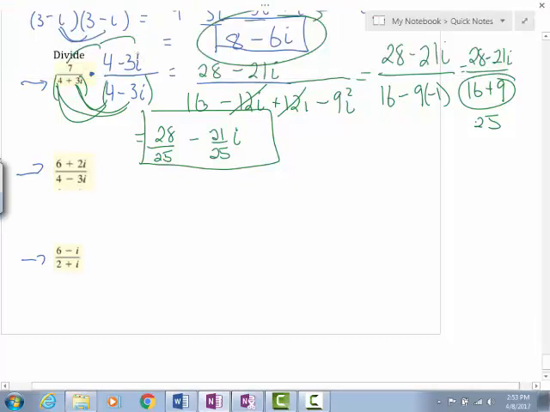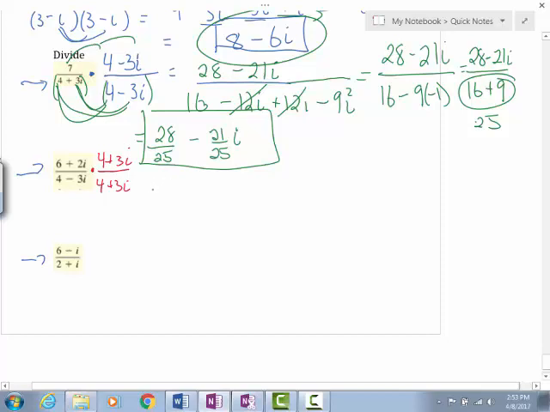All right, let's try the next one. Again, I'm going to look at the bottom part. The first thing I see here is 4 minus 3i, so I'm going to multiply by 4 plus 3i, both on the top and on the bottom.